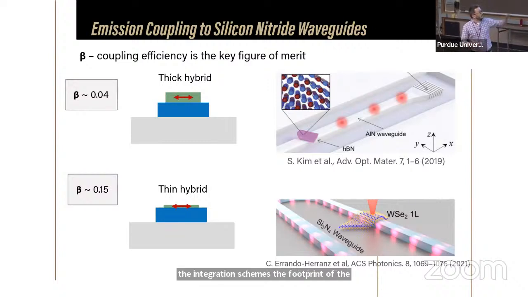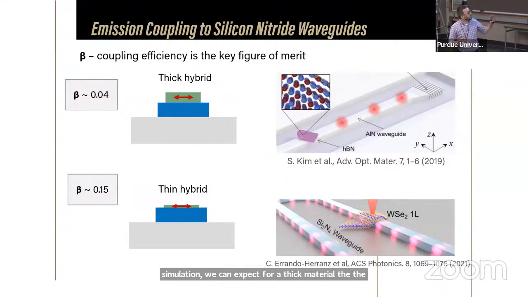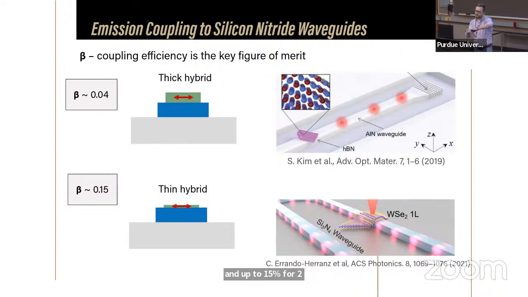For example, if we simply put a material hosting quantum emitters on top of the waveguide, from the simulation, we can expect for a thick material a coupling efficiency on the level of a few percent, and up to 15% for two-dimensional materials when we have quantum emitters close to the interface with waveguides.